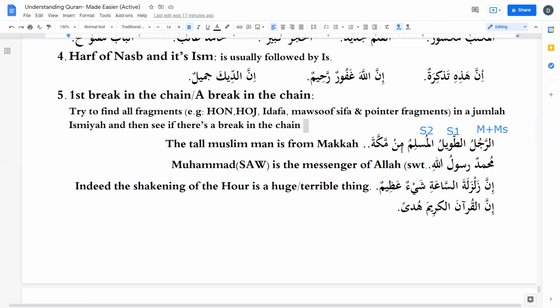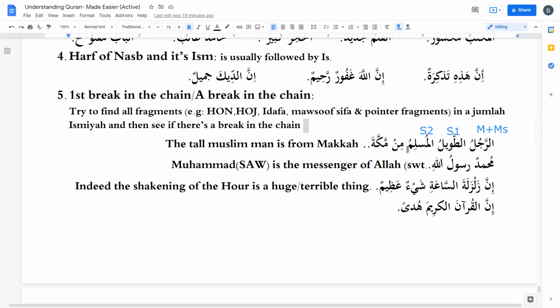So do you see a break in the chain? Okay, min makkata. Do you see another fragment over here? Min is harf jar and makkata is, yeah, the break in the chain is over here. You are right.